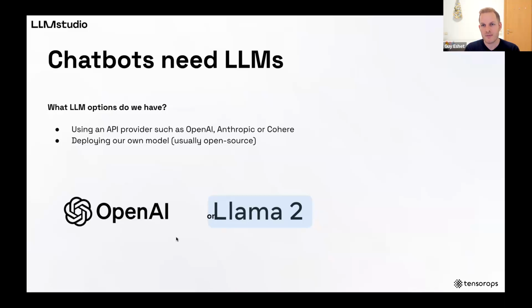Either go to LLM APIs, for example OpenAI, Anthropic, Cohere, or many other providers who give us an LLM API. Or we could deploy our own model, which usually is one of the open source models. Lately, Llama 2 has been the most hyped. I think there are more coming, Mistral and others, but they mostly would be open source models that you would have to deploy on your own.